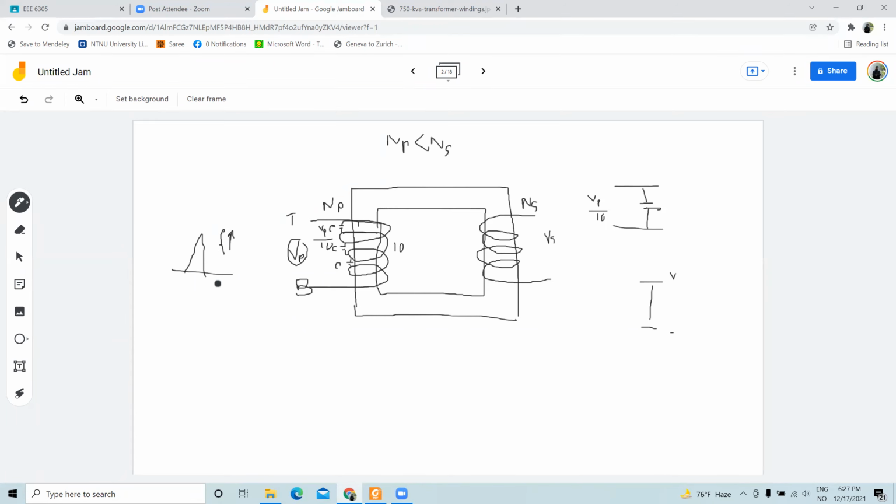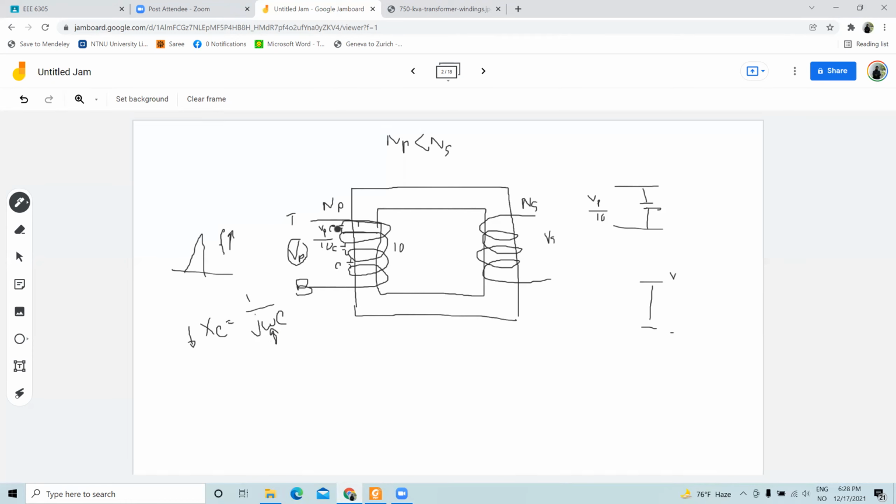Now we know that the capacitor impedance XC is basically 1 over j omega C. This C is fixed, but as omega, which is twice pi f, is very high, that means XC will be very low.